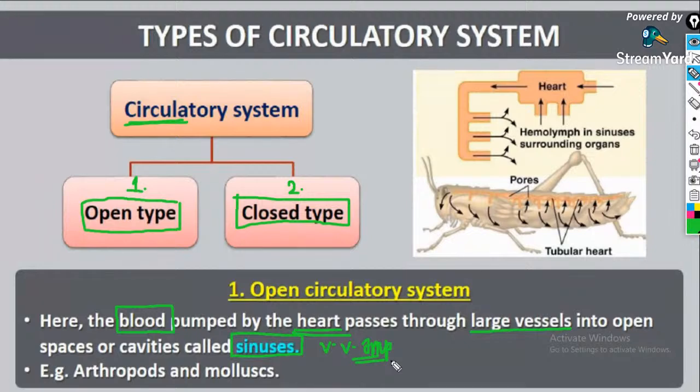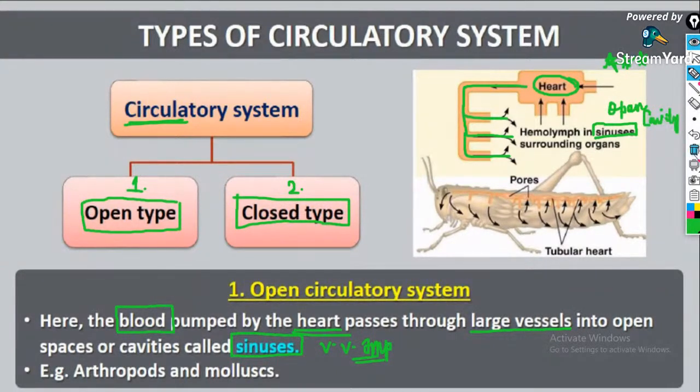Look at this diagram. It clearly shows what an open circulatory system is. The blood coming from the heart is directly pumped onto the body parts. Sinuses are large open cavities.